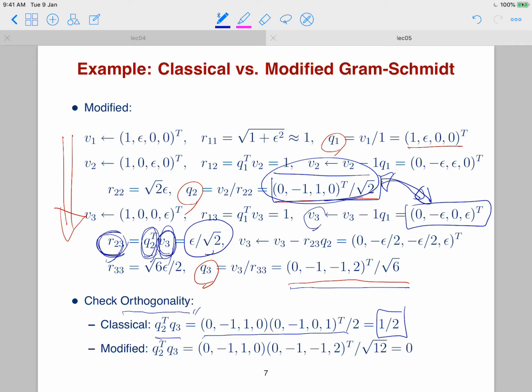So in general, this modified Gram-Schmidt process is giving a more stable solution, especially when the vector angles are really small.